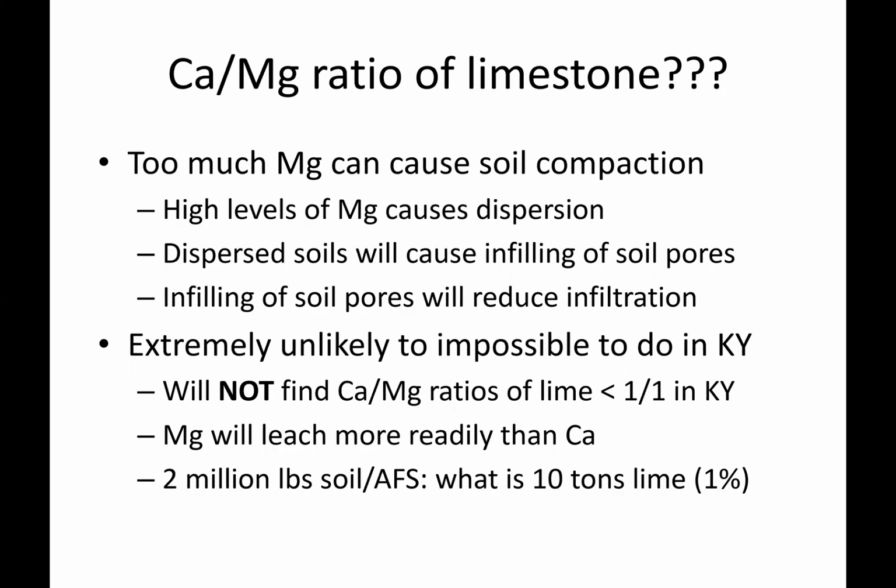I'm going to stop for a second, or back up, before I get into this next slide. I was working on my master's in the mid 90s, and one of the big things going around, especially for tobacco growers, and I still hear it now as well, was to just mix 500 pounds of pelletized lime with your fertilizer every time you apply fertilizer, and you don't have to worry about pH.